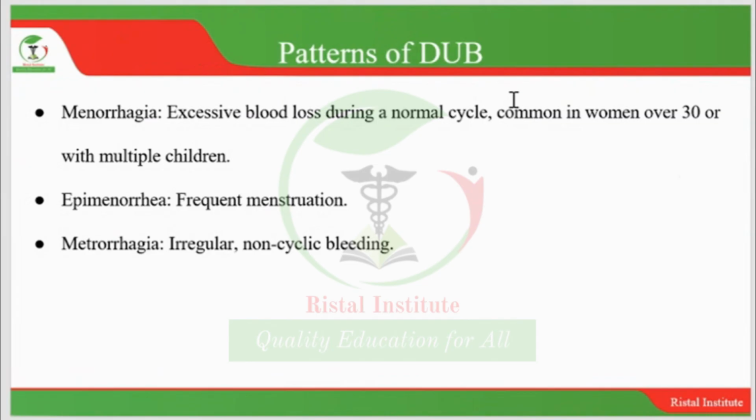This refers to frequent menstruation, which can even lead to the woman menstruating twice in a month. Then metrorrhagia refers to irregular, non-cyclic bleeding. The bleeding does not follow the normal cycle that it should.